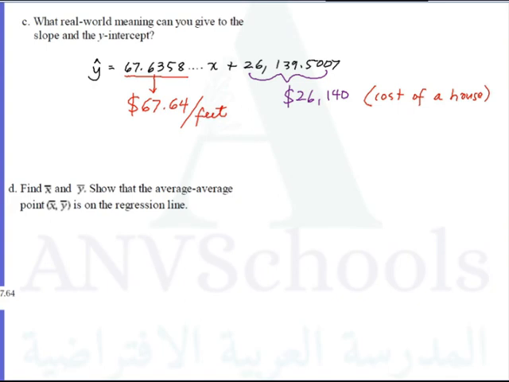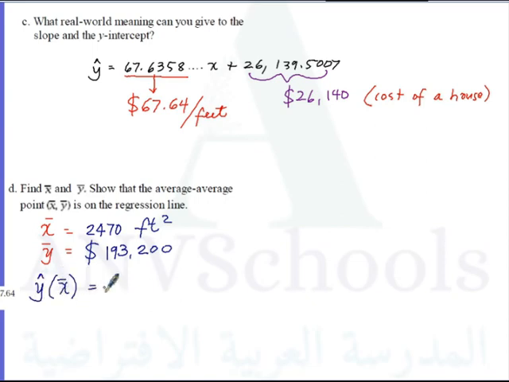Okay, so let's write it here. The first one is 2470 square feet, and this is the average for y, 193,200.